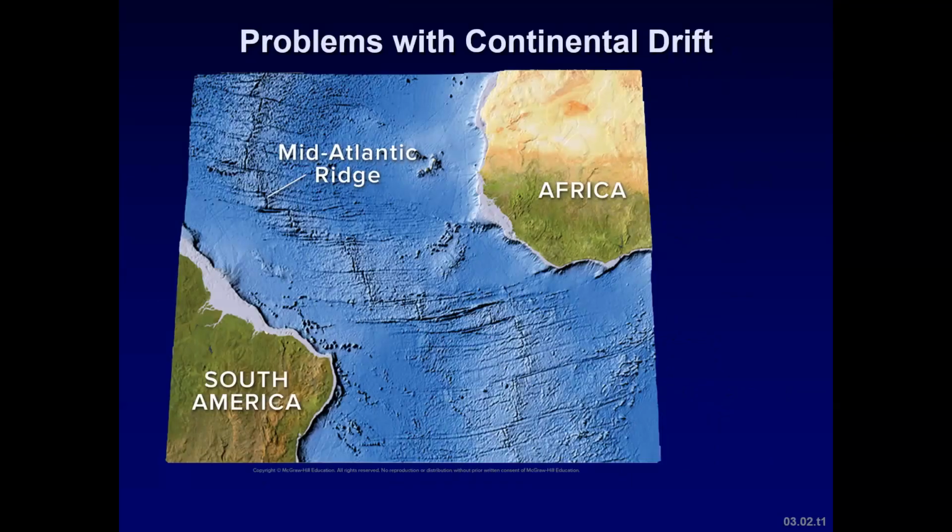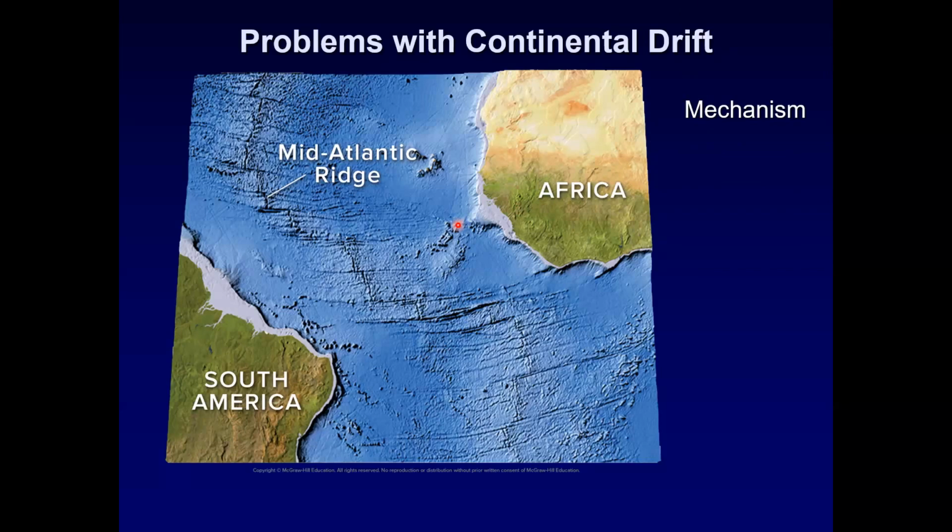But with continental drift alone, okay, there's a problem. When scientists first started talking about this, it seemed to make sense, but there was no viable mechanism at the time to say how these continents moved away from each other through the oceanic crust.